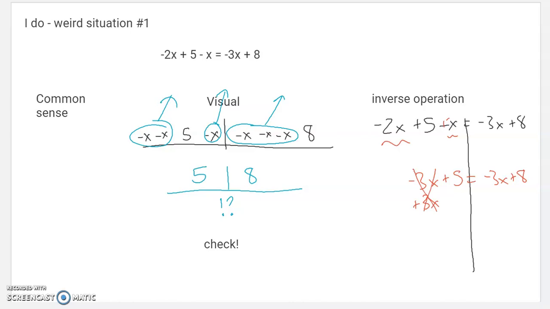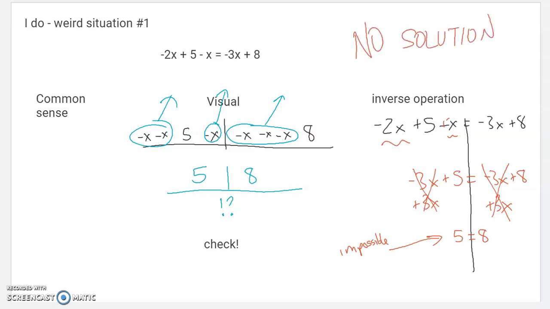But when I do, I also get rid of these with the same move, and I'm left with 5 equals 8, just like I was over here. 5 does not equal 8. That is impossible. And if you get something impossible in your equation, that actually means it doesn't have a solution.